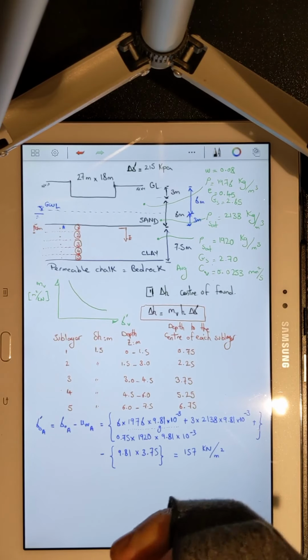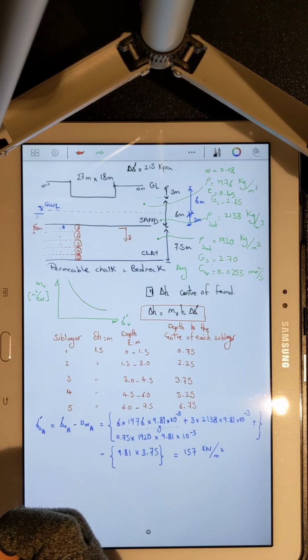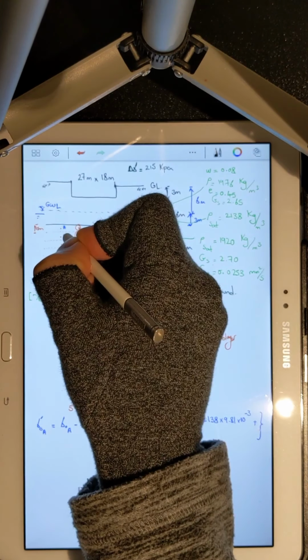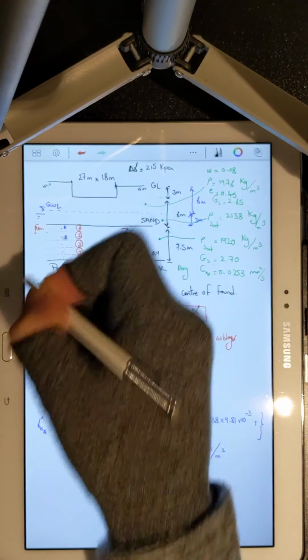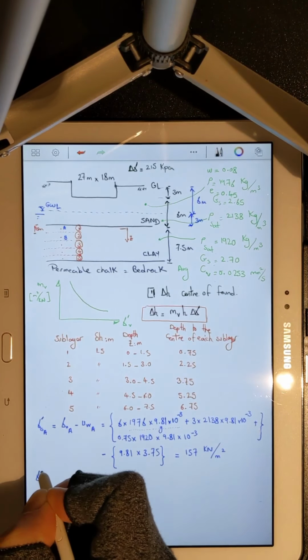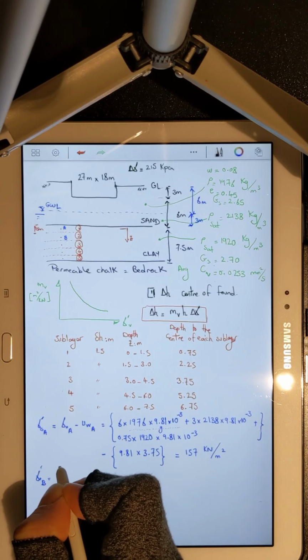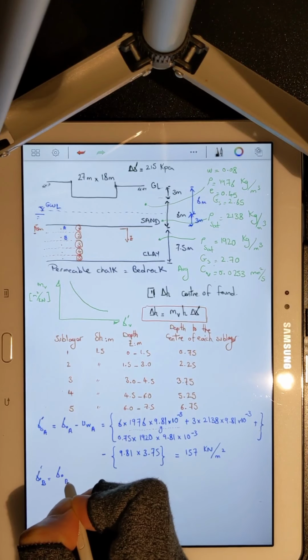And you can do the very same analysis for sublayer 2. So if you take point B as the point in the middle of sublayer 2, I will speak less because this is a repetition of the first part.